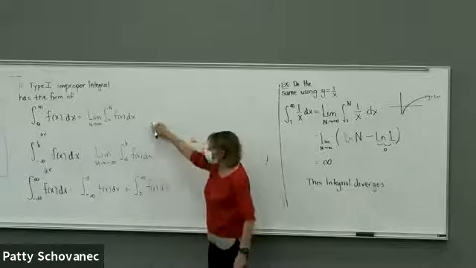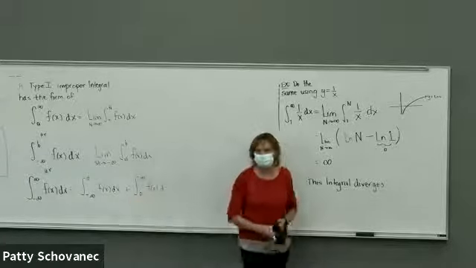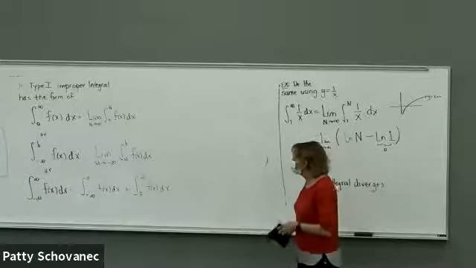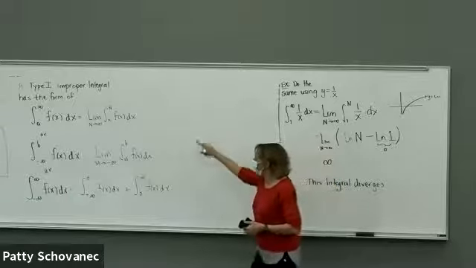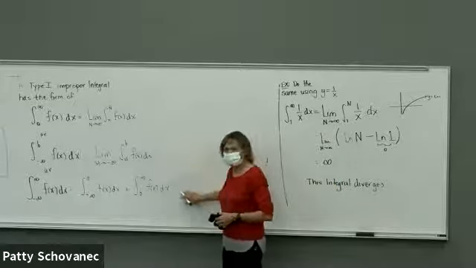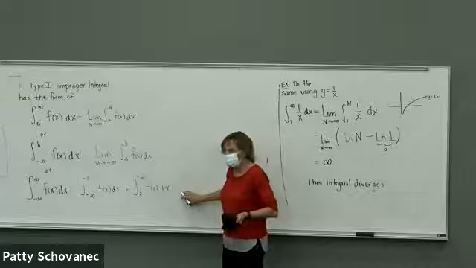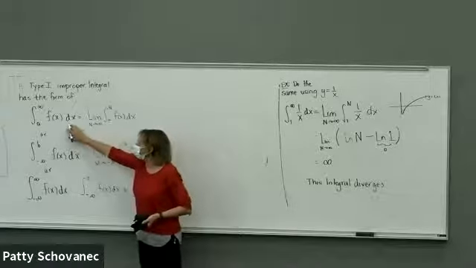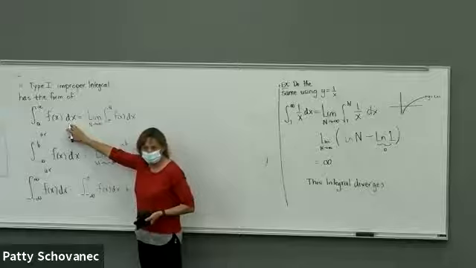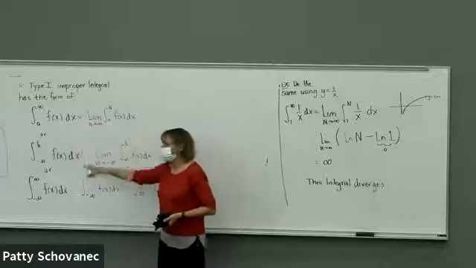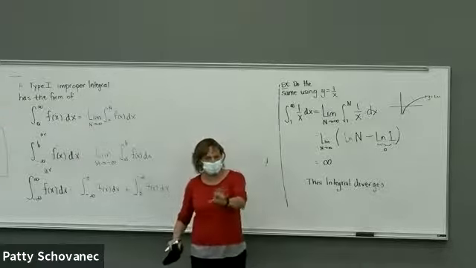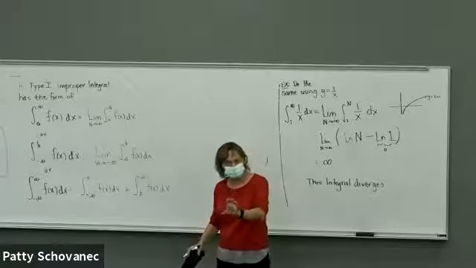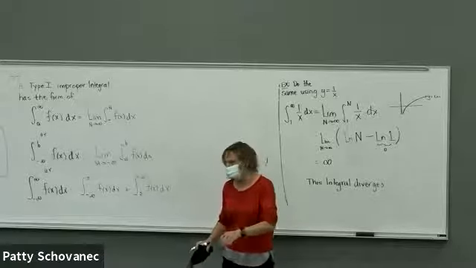And then we do these 2 cases here and here. If any one of these limits is infinite, then we say that the improper integral diverges. If these limits exist and are some finite number, then the integral converges to that number.